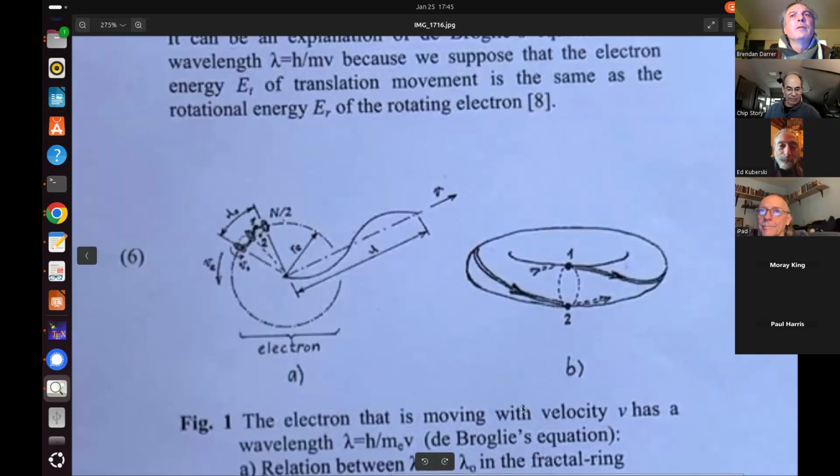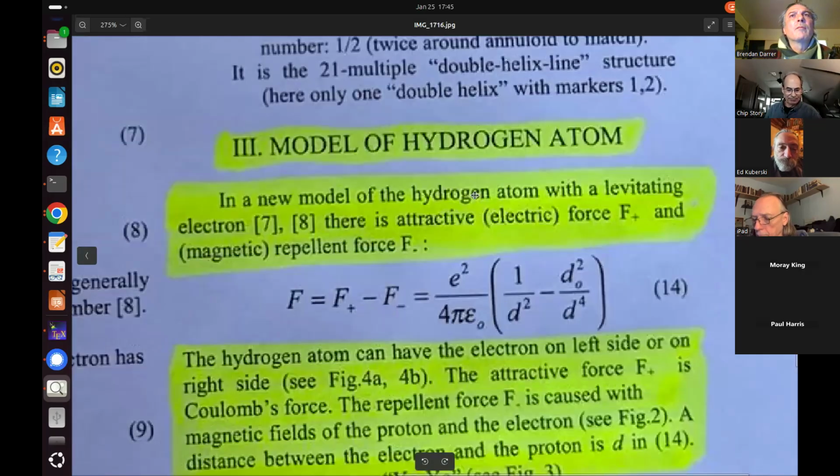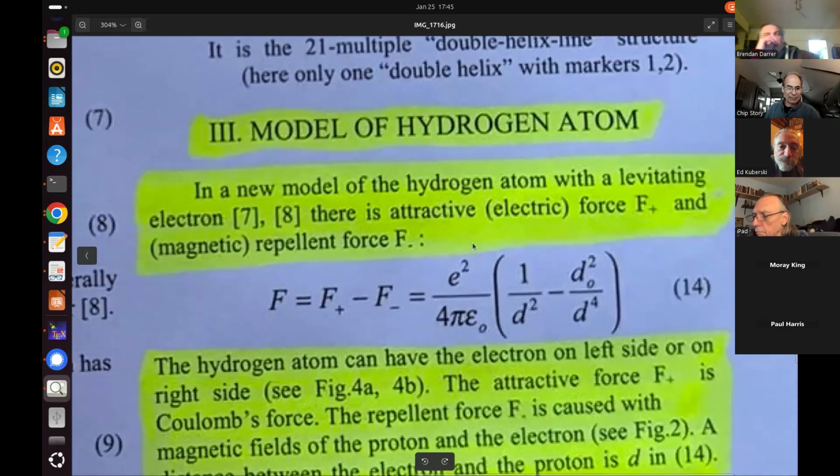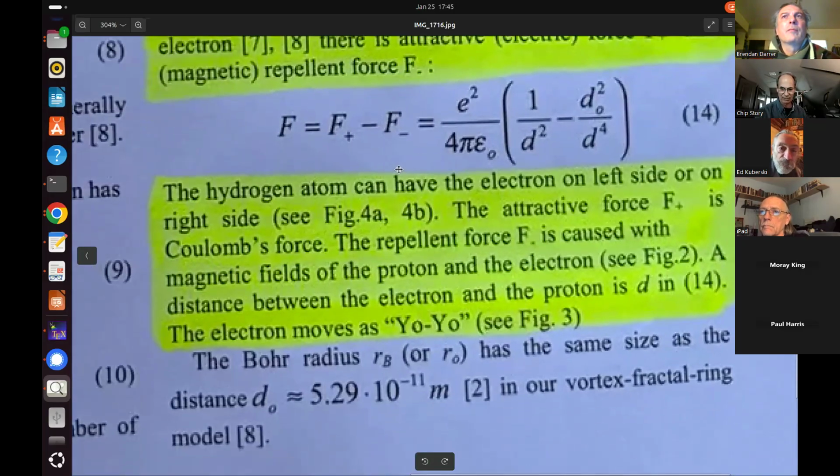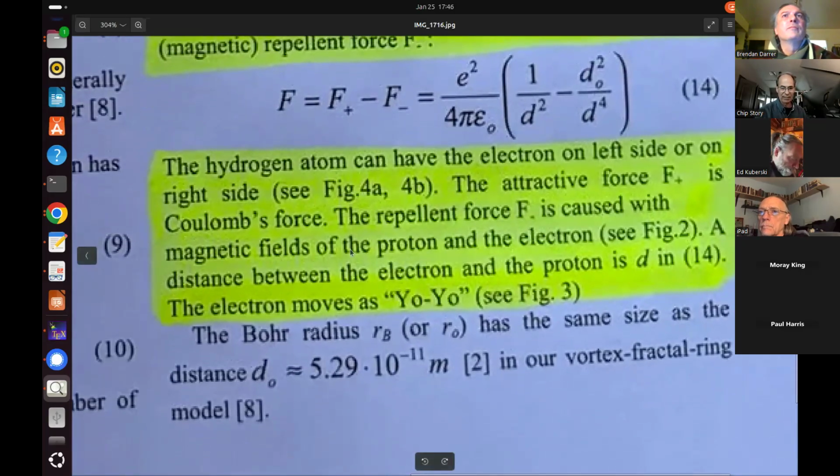All right, moving on down, part 3, model of the hydrogen atom. In a new model for the hydrogen atom with a levitating electron, there is an attractive force F plus and a magnetic repellent force F sub minus. All right, it balances itself. The hydrogen atom can have the electron on the left side or on the right side. The attractive force F plus is Coulomb's force.